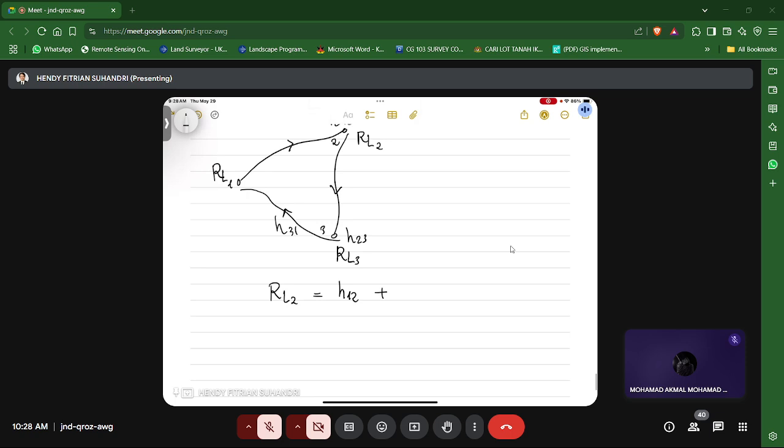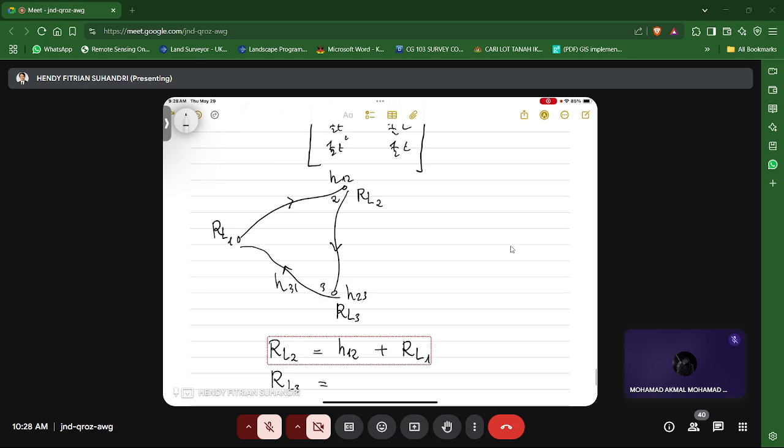Plus reduced level at point 1. Right? Okay. And then reduced level at point 3 equals h23.